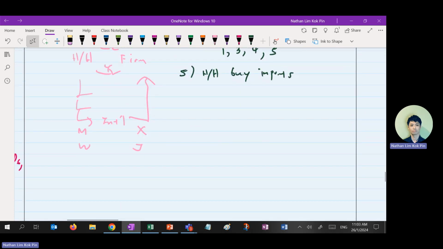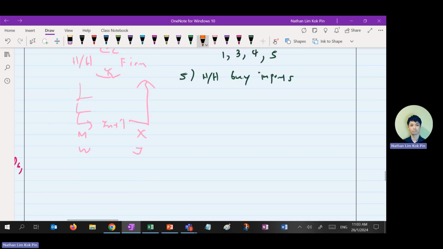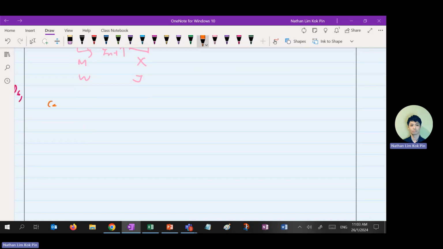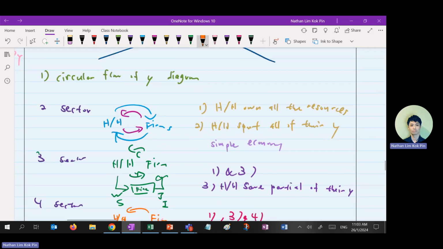Overall, the withdrawal injection method is derived from the withdrawal injection approach. The approach is for calculation purposes. These are the withdrawal injection equations. Actually, they are derived from this circular flow of income diagram.